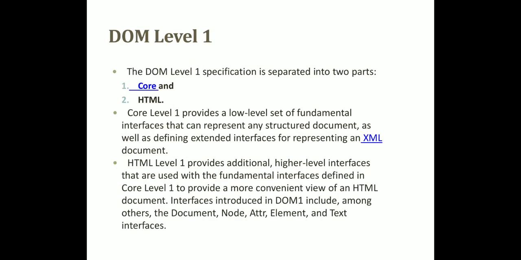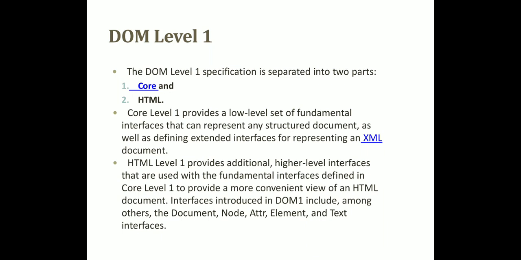So in this session we will start with DOM level 1. The DOM level 1 specification is separated into two parts, that is core and HTML. Every web page resides inside a browser window, which can be considered as an object, and the way a document's content is accessed and modified is called the document object model or DOM.